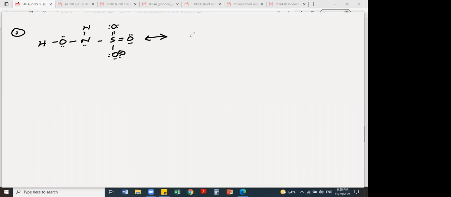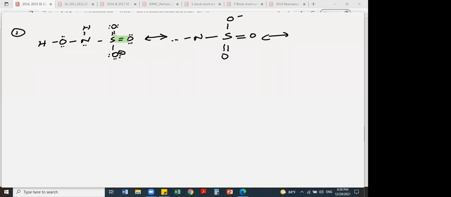Minus charge here. The rest is the same, no change in the others. So here you can have the double bond here and here, and make the upper oxygen atom. That is one method. The rest is the same. Then the other one: I'll highlight them.